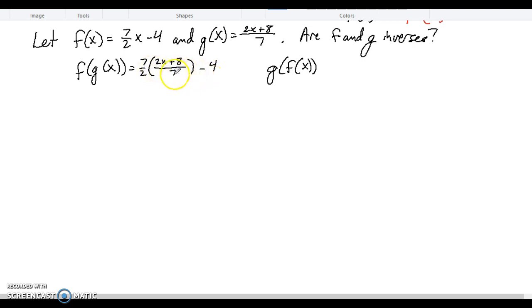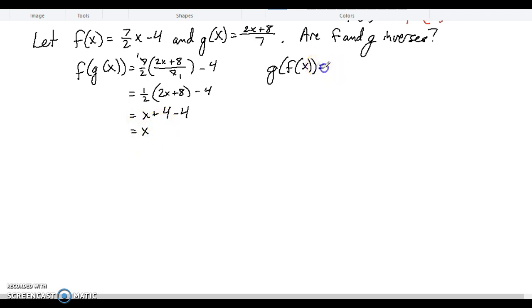Well, since it's a single fraction on the inside, single fraction on the outside, these two 7's reduce down to 1. So we have 1/2 times 2x plus 8. Minus 4 is still there. We distribute the 1/2, and we now have 1/2 times 2 is just 1. 1/2 times 8 is 4 minus 4. Well, that's just x, so that's very promising.